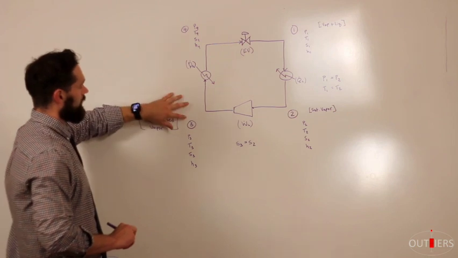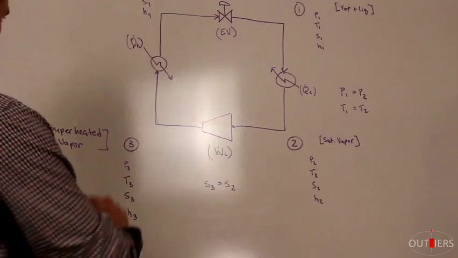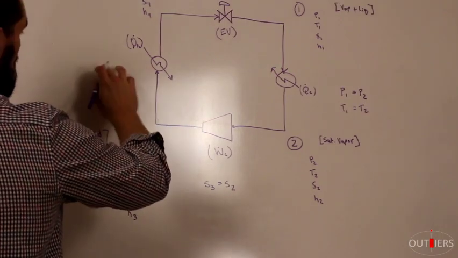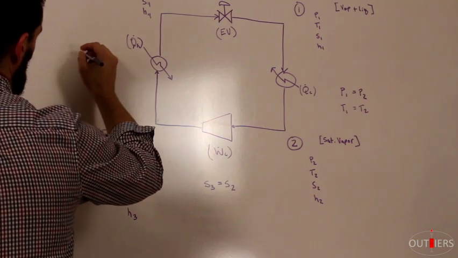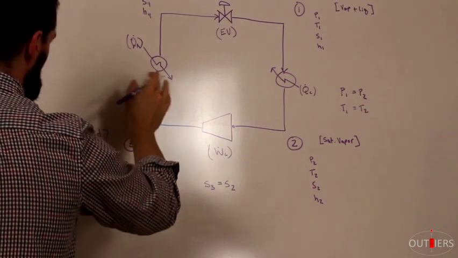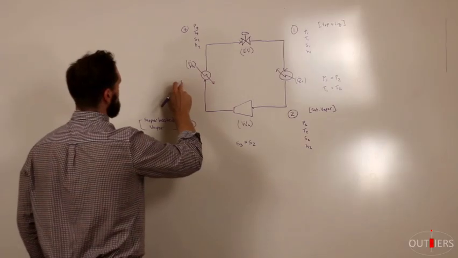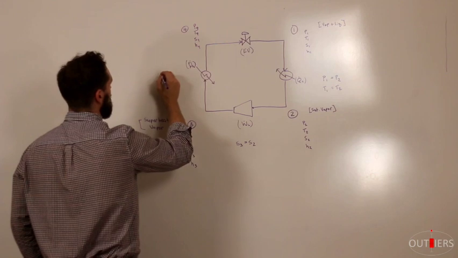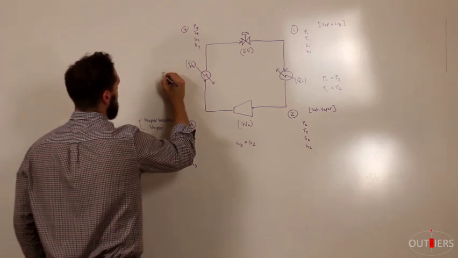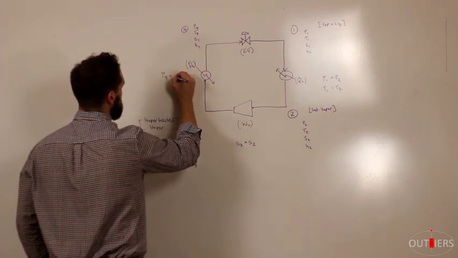Remember the other assumption from 3 to 4? What did we say here? We have isobaric heating. Or excuse me, isobaric, taking it from the hot side. It's actually cooling the system, but it's going to be isobaric here, which means that pressure 4 is equal to pressure 3.